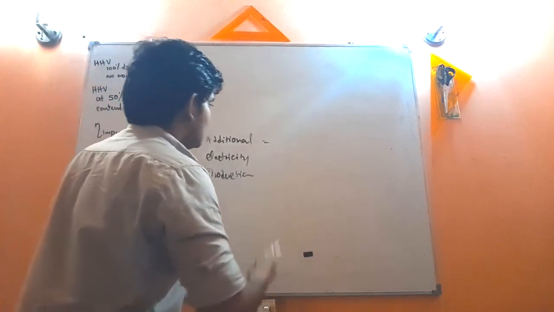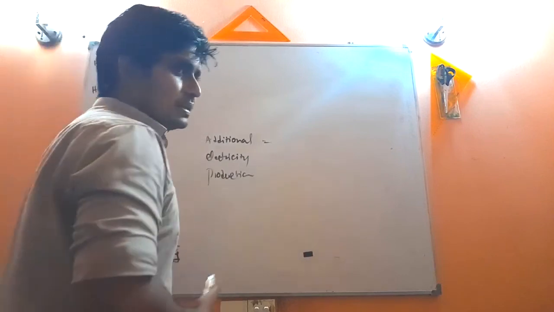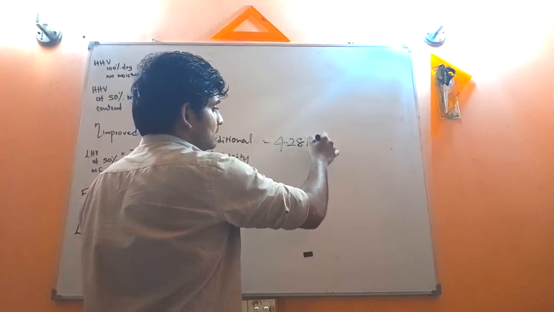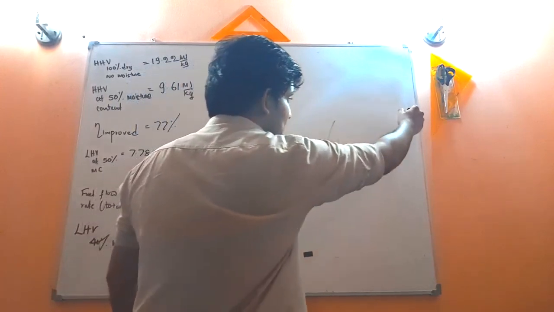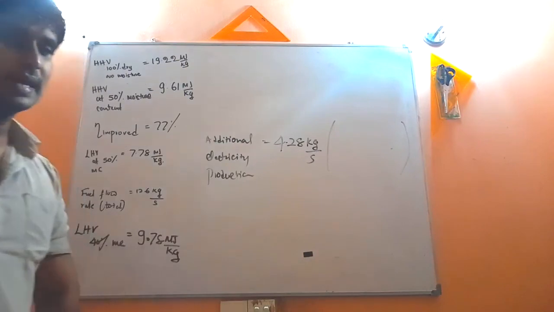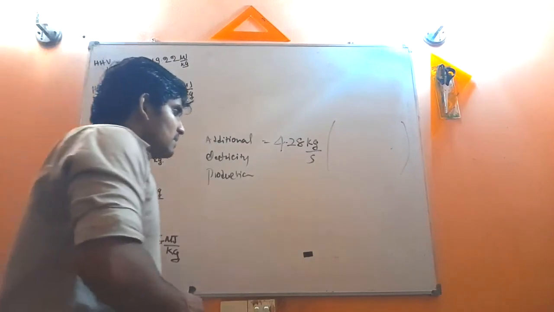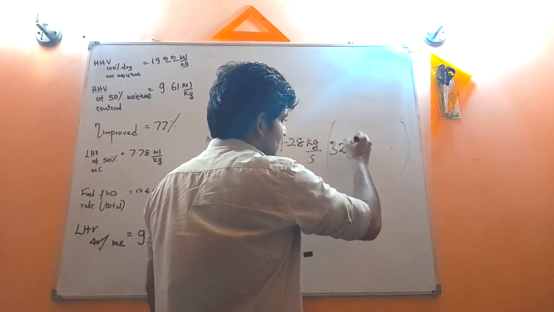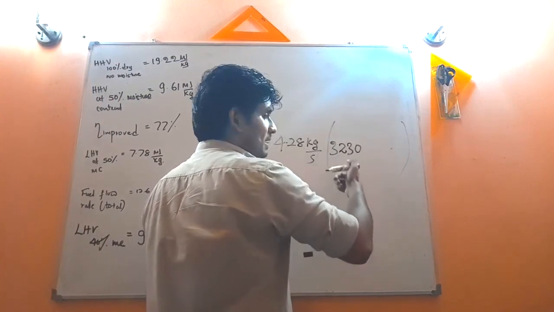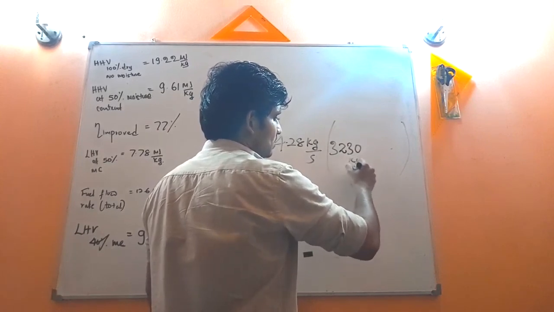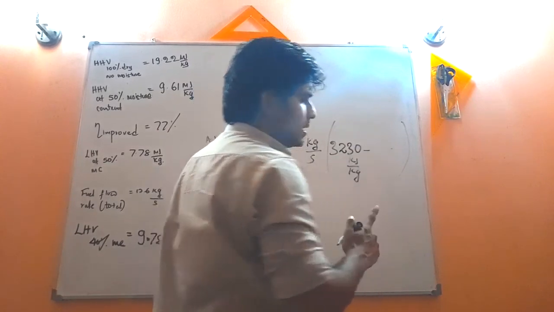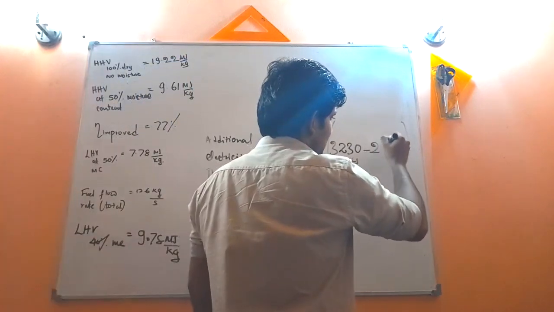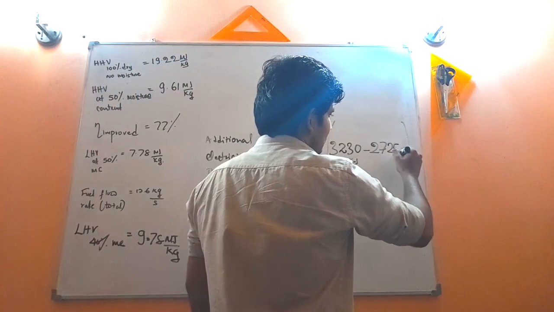equals the additional steam quantity that we get, which is 4.28 kilograms per second, times the enthalpy difference of turbine inlet and turbine outlet. What is the turbine inlet enthalpy? 3230 kilojoules per kilogram, minus the enthalpy at the turbine outlet, that is 2725 kilojoules per kilogram.